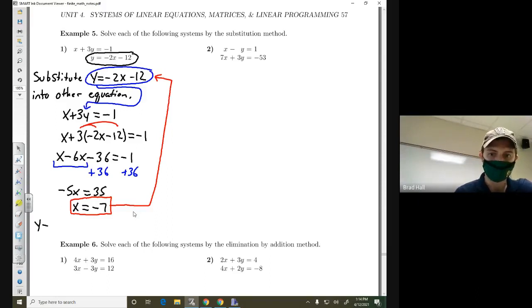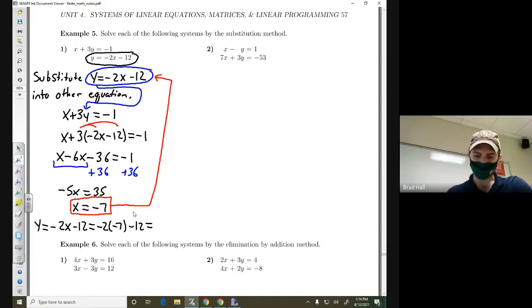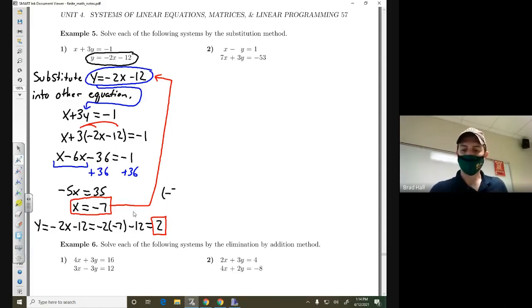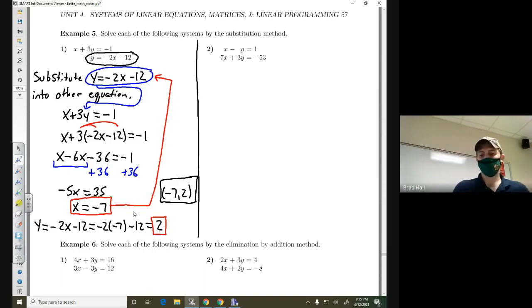Now we have y is equal to negative 2x minus 12, which is now equal to negative 2 times negative 7, the x value we found, minus 12, and that's just 2. So really our final answer is negative 7, comma 2 as an ordered pair. So we found the x value and the y value.